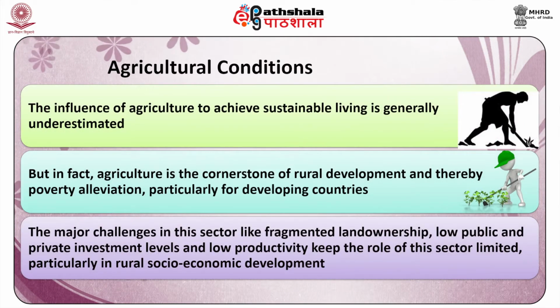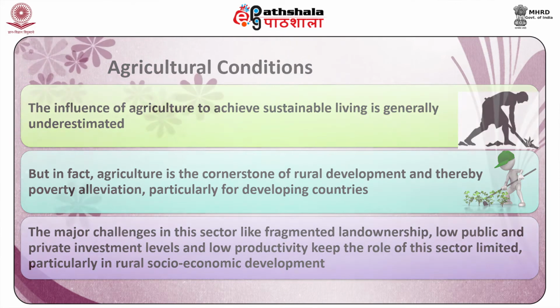The influence of agriculture to achieve sustainable living is generally underestimated, but in fact agriculture is the cornerstone of rural development and thereby poverty alleviation, particularly for developing countries. The major challenges in this sector, like fragmented land ownership, low public and private investment levels, and low productivity, keep the role of this sector limited, particularly in rural socio-economic development.